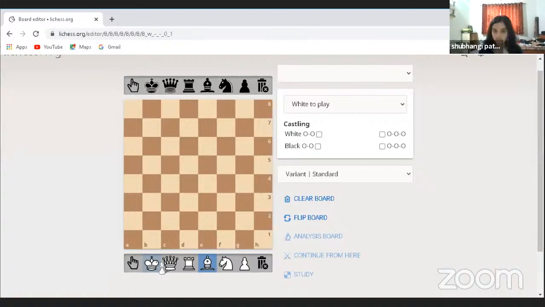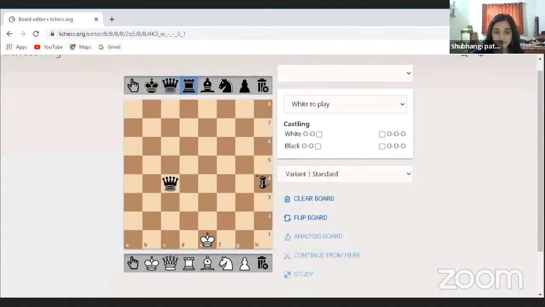Okay, so first my king is in E1. You understand this alphabet and number. So my king is in E1 and the opponent's queen is in C4. Where is the C4 square? Here? Yeah, C4 square. And the rook is in H2.